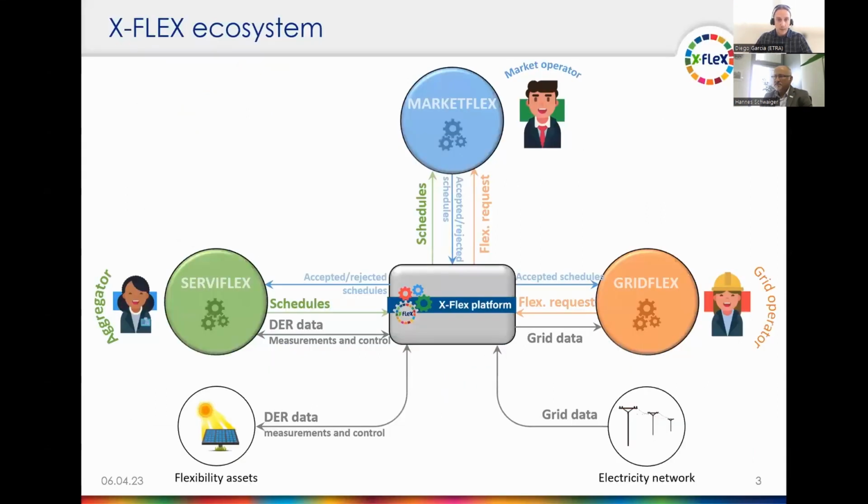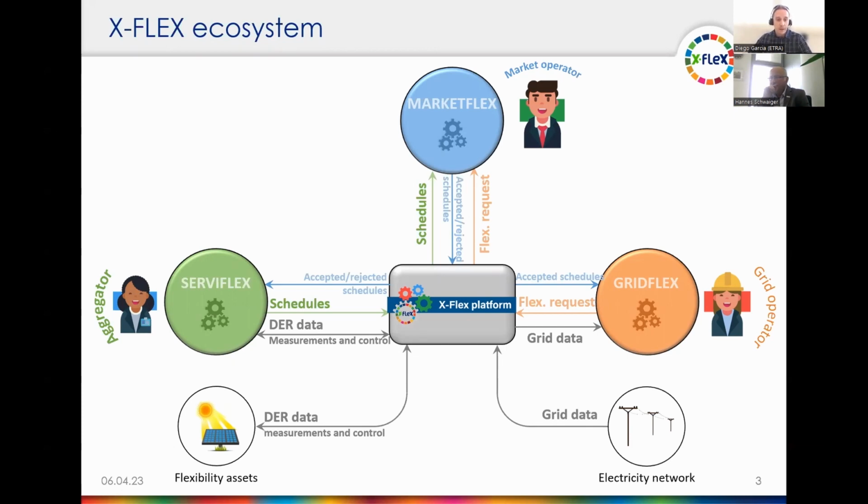Let's start by taking a look at the GRIDFLEX ecosystem. It's mainly composed of 4 technical tools. In the center, there's the GRIDFLEX platform, which deals with the management of the data and the communications among all the other 3 tools and the assets in the field.